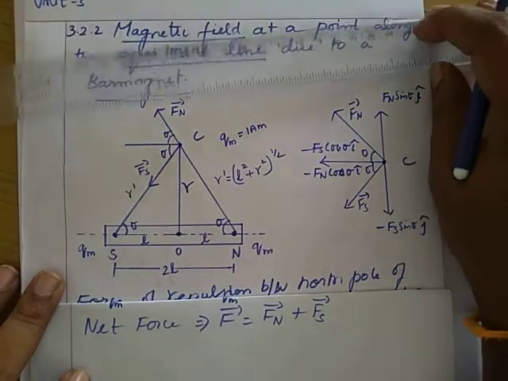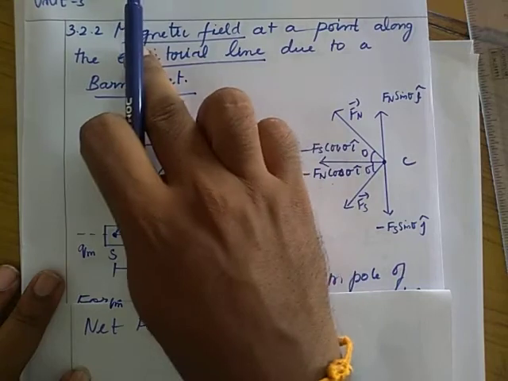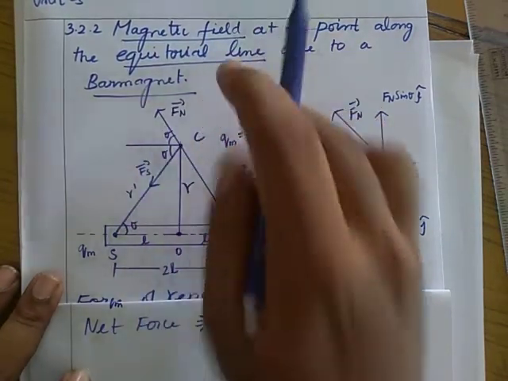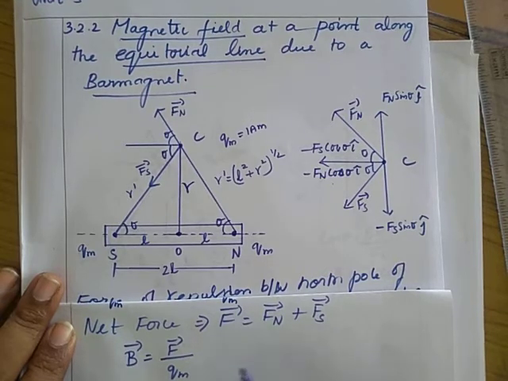Here we are not going to find the force, here the question is to find the magnetic field at the point. We know very well magnetic field is the force experienced by the unit pole.